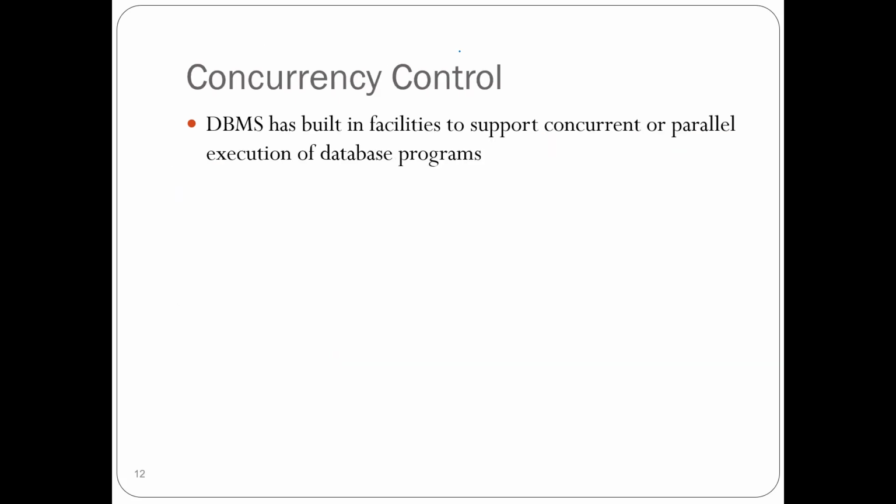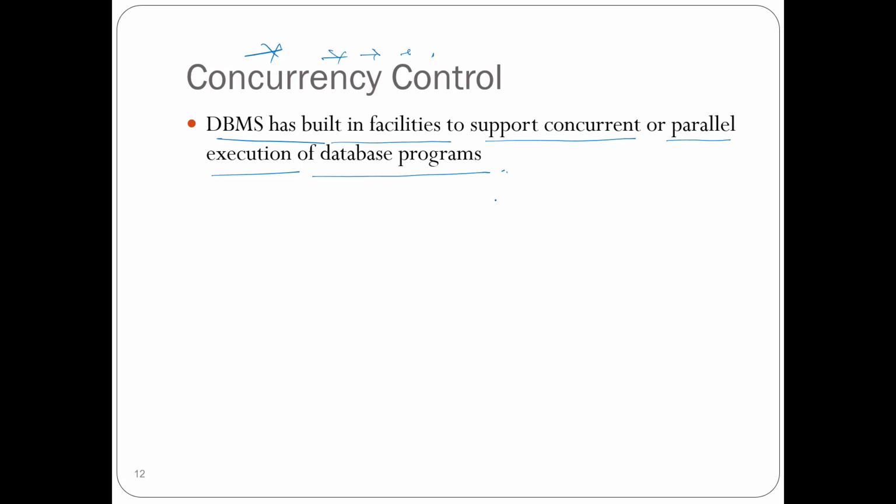Now let's move on to an even more important concept, which is concurrency control. The DBMS has an inbuilt facility to support concurrent or parallel execution of database programs. Gone are the days when we'd think about just one user using the database at a time. We need to support multiple transactions happening at the same time.